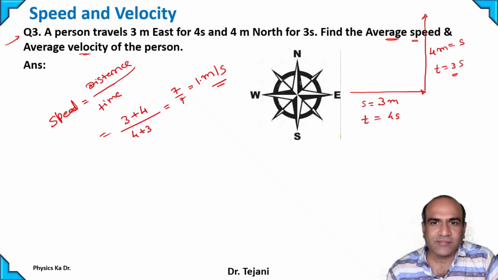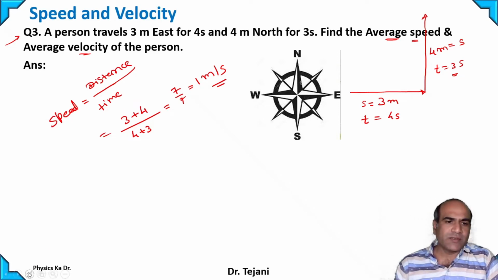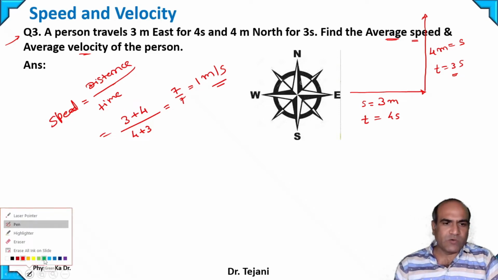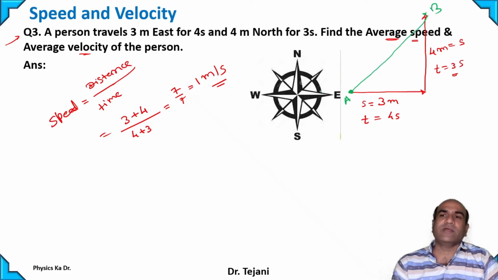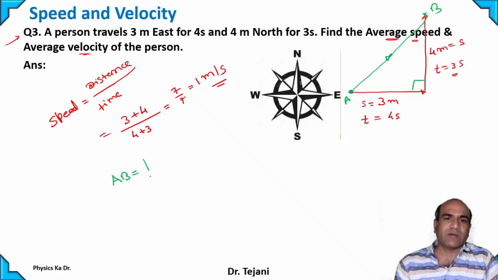Right. But when we talk about velocity, velocity refers to the shortest distance. Let's call this point A, this point B, and we need the distance A to B. We know that this is 90 degrees, so that becomes the hypotenuse. So if you want distance AB, it is equal to the square root of 3 squared plus 4 squared, and that becomes root 25.